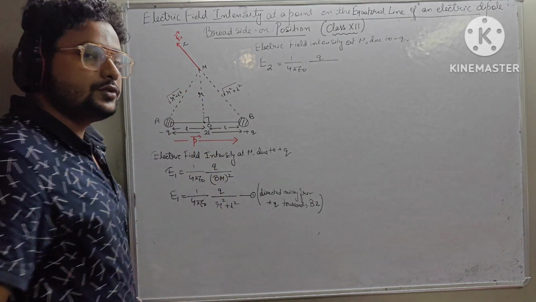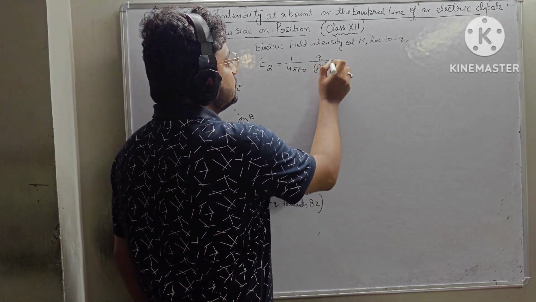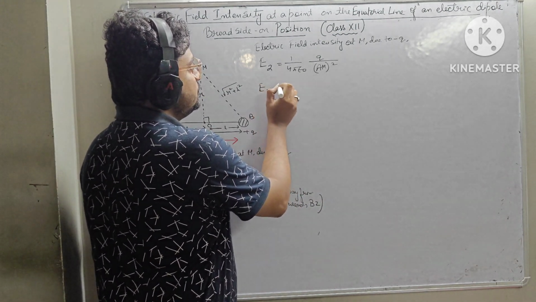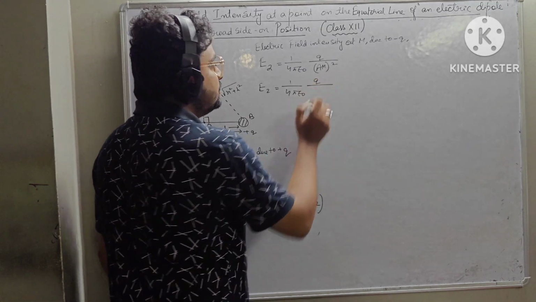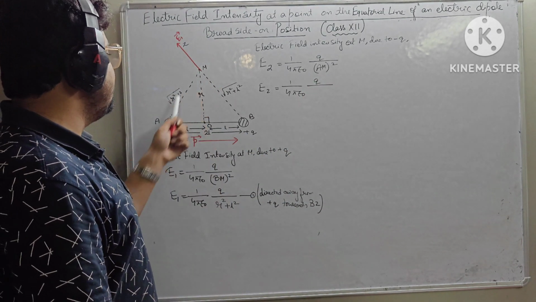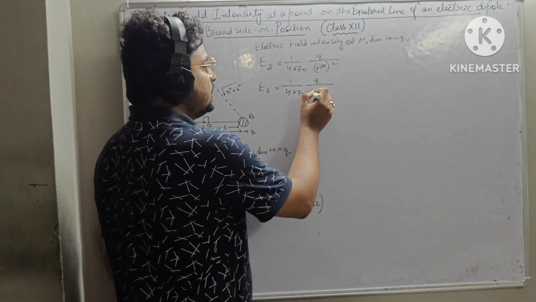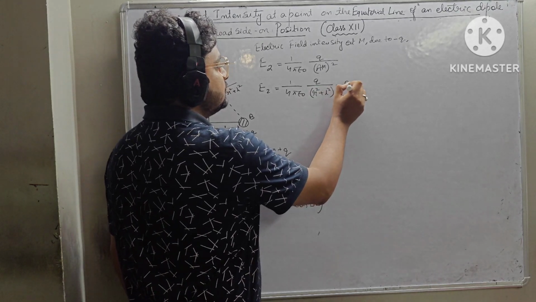Okay, that is AM. So AM square, right? So E2 is going to be 1 by 4 pi epsilon naught Q divided by R square plus L square. Okay, this is equation 2.